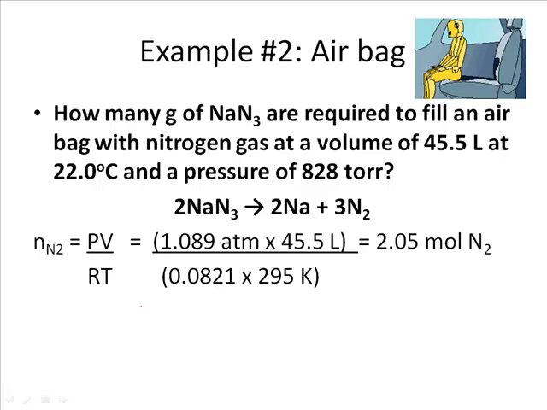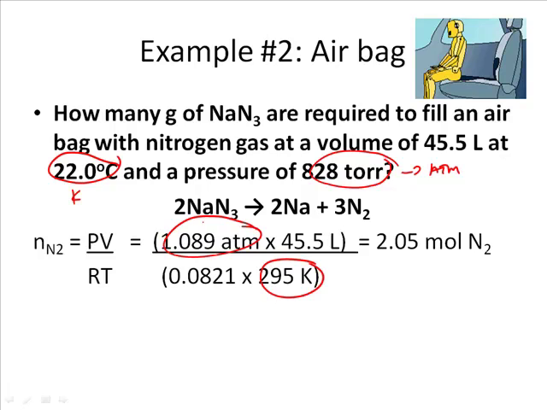Like I said, you need to solve for moles of nitrogen, and when I plug everything in, I've got that, making sure I convert this to atmospheres and this into Kelvin, which is what is down here. Plug everything in and I get 2.5 moles of nitrogen.